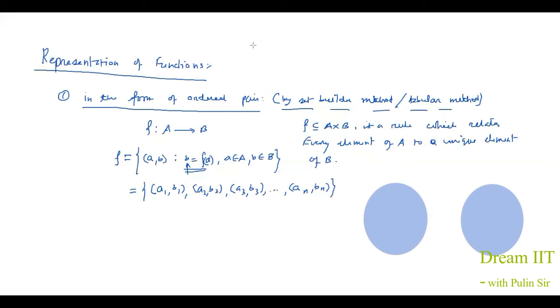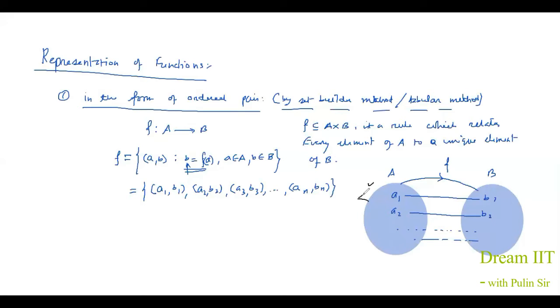From here to here, this is the function. That means the relation which will relate elements of A to elements of B. So what I have written tells you that A1 is related to B1, A2 is related to B2, etc. This I am not going to complete; just for example I have shown it. Now, just try to remember, every element of the set A must have some relative here.